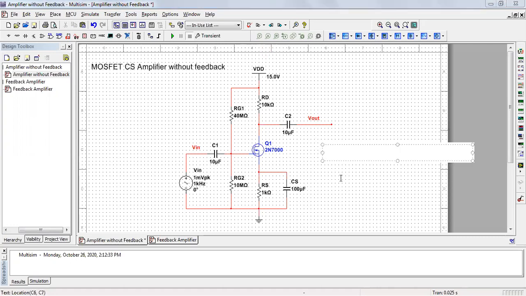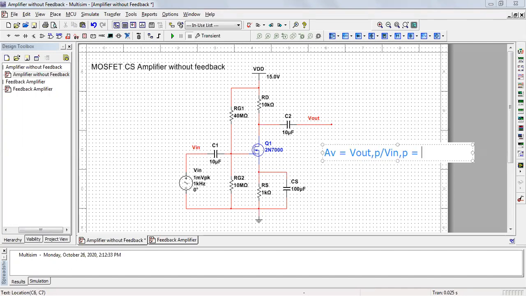It will be more clear to you. AV will be equal to V out peak divided by V in peak.